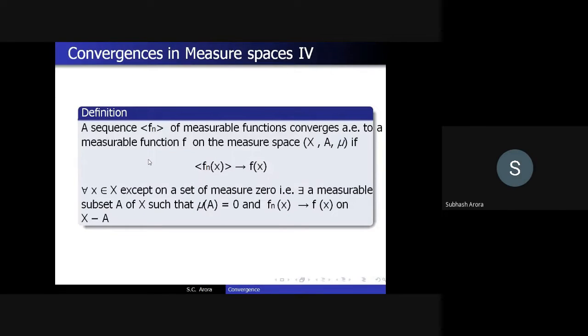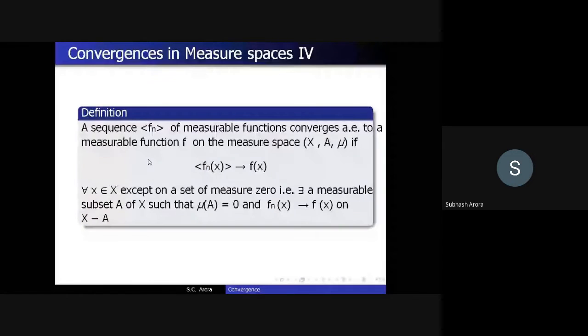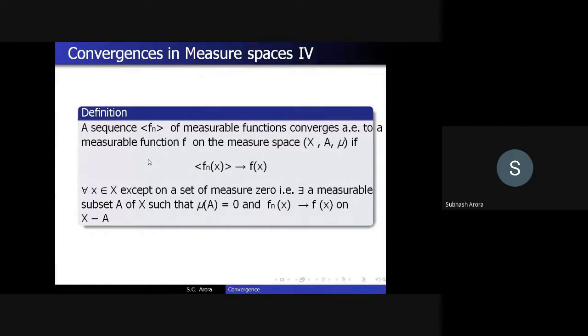Next, a sequence Fn of measurable functions converges almost everywhere. Almost everywhere means you take away a measurable subset of measure 0 and look at the complement. This is pointwise.